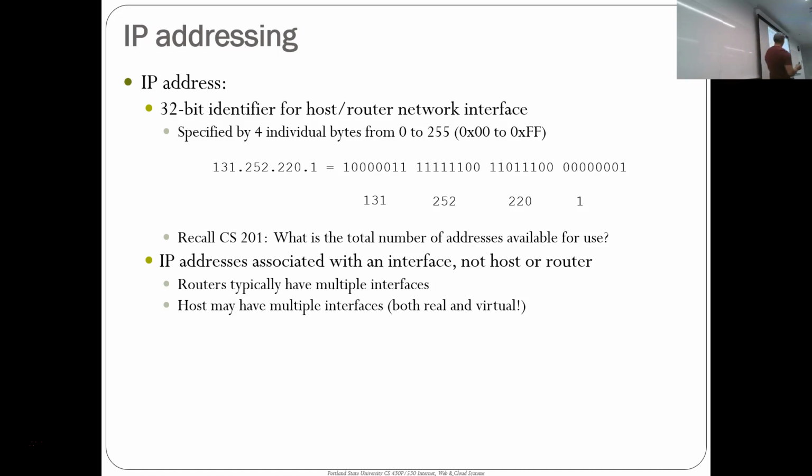So the IP address is actually bound to the interface, and not the actual machine. The router, for example, always has to have multiple interfaces, and so they would always have multiple IP addresses to support the routing from one interface to the other. The host can have multiple interfaces, both real and virtual.